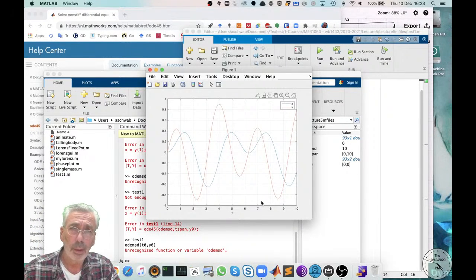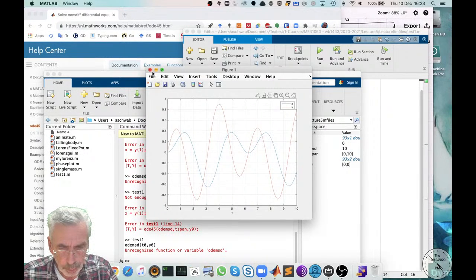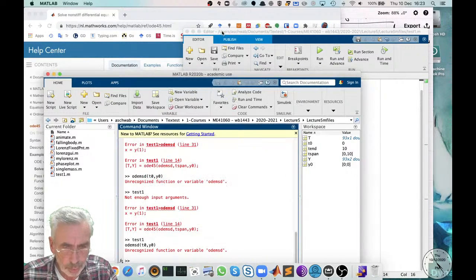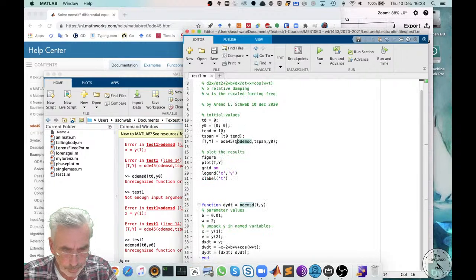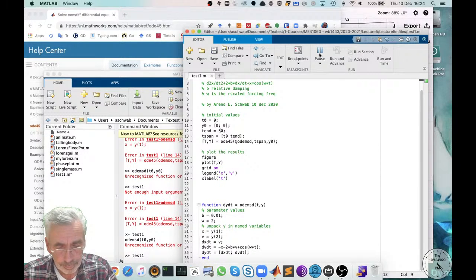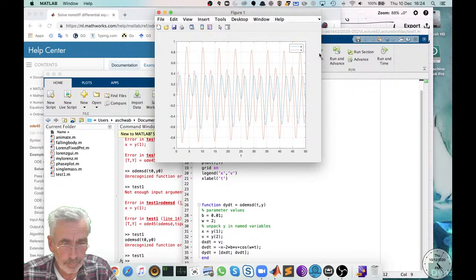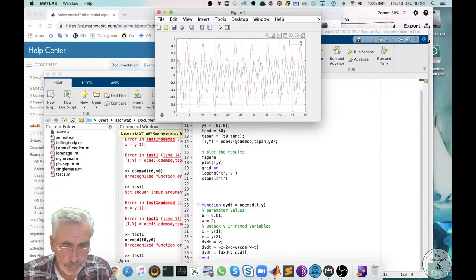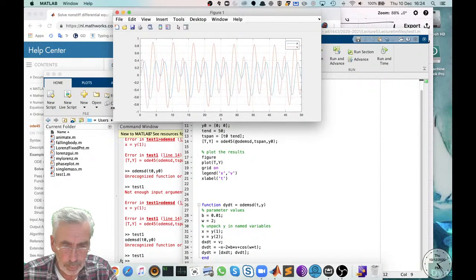I would expect that after a while the thing will be oscillating periodically, so maybe we should integrate a little bit longer. 50 or something like that. And we see a nice periodic result, right?